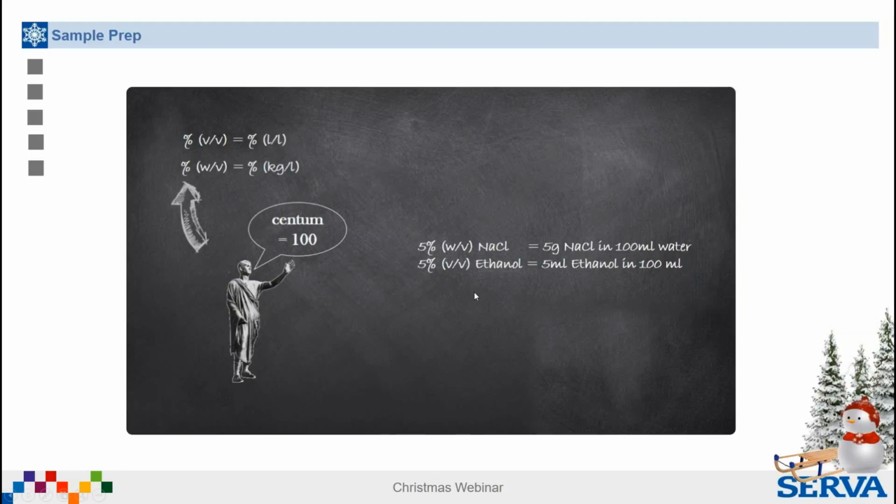So for example, if you have 5% weight per volume of sodium chloride, then you would use 5 grams of sodium chloride in 100, here's the 100 again, milliliters of water. For volume percentages, instead of the grams, you use milliliters of ethanol, and you put them in 100 milliliters of water.